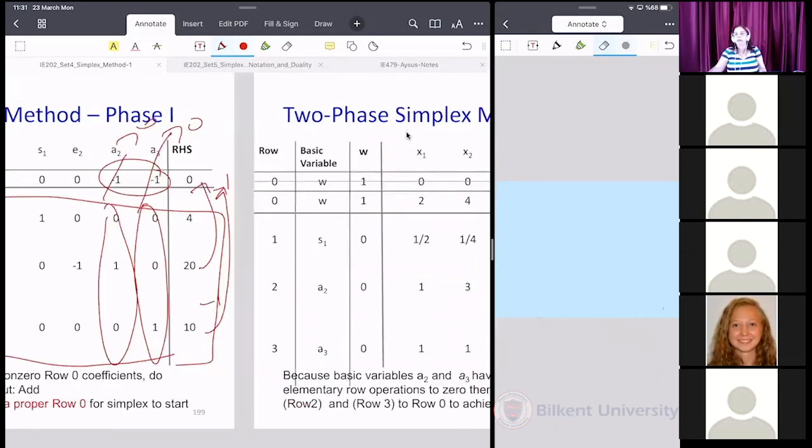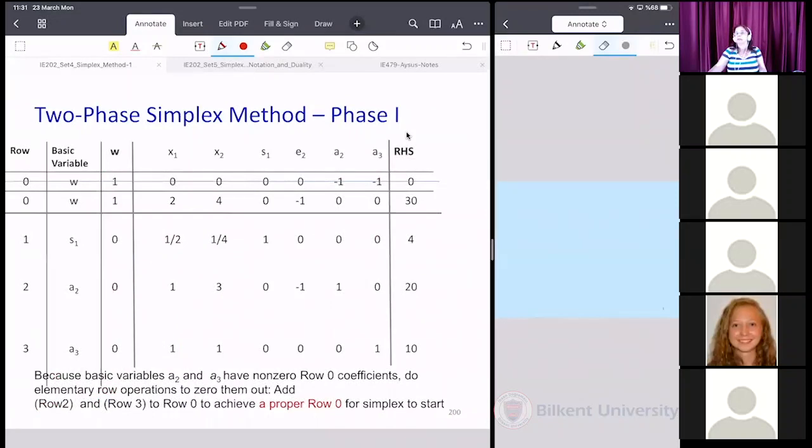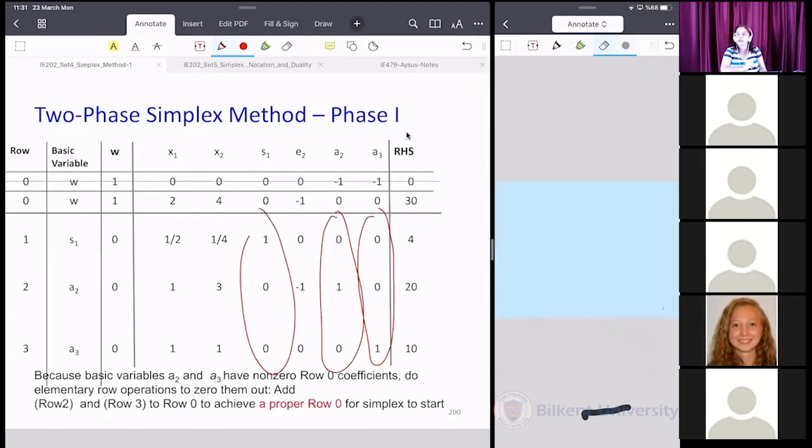My next table is now a legitimate simplex table. I have 3 unit vectors, and I need 3. Everybody's objective function coefficient is 0. This is a legitimate, proper simplex table. Now I'll do my simplex iteration. Be careful, though: I continued as if it was a minimization problem.